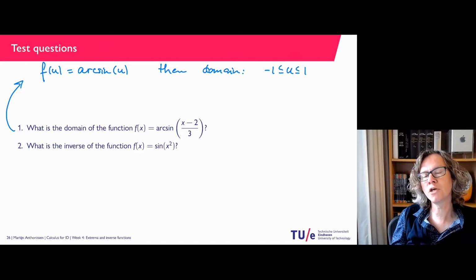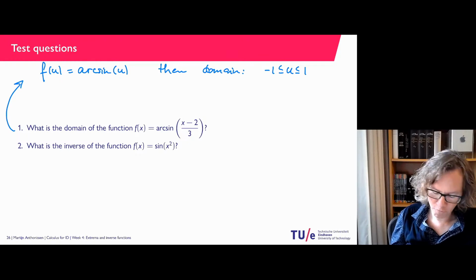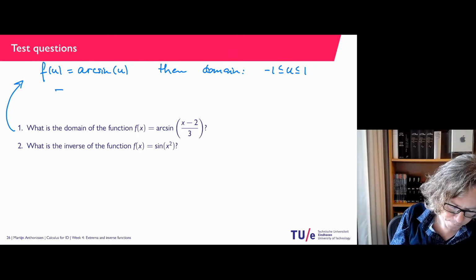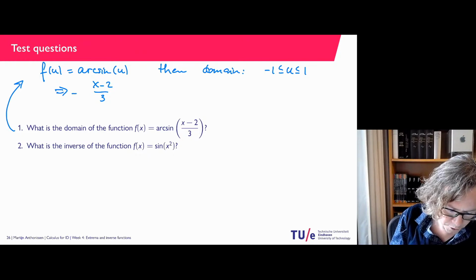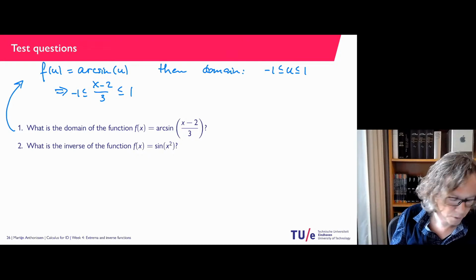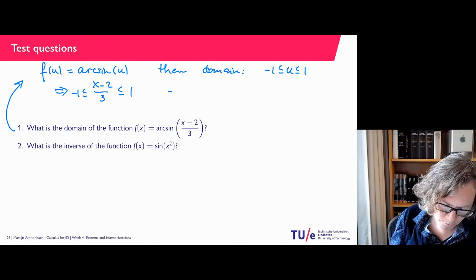So this u should be in between these two values. So for the function we have here, we have that (x minus 2) over 3 should be in between -1 and +1. So you see that apparently -3 less or equal x minus 2 less or equal 3.